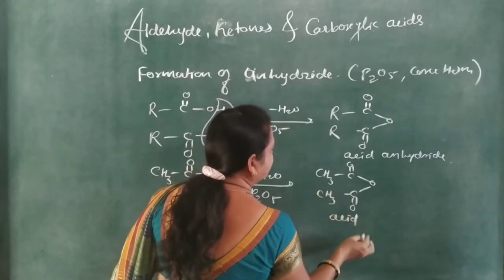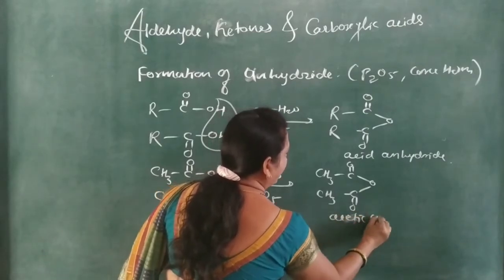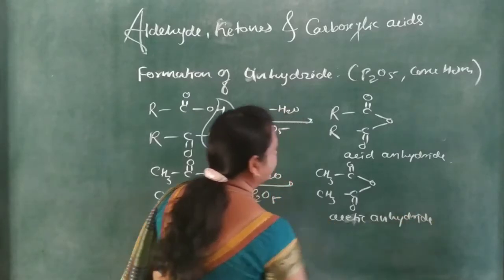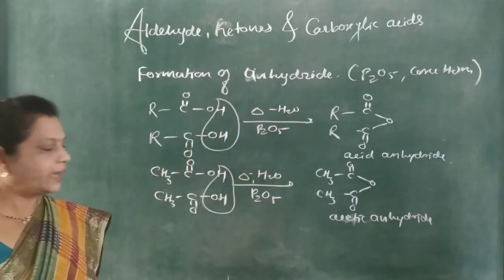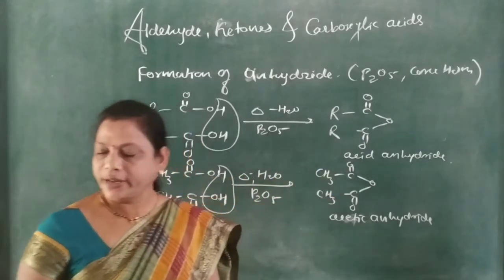This is acetic anhydride. Then benzoic acid reacts with P2O5 to form benzoic anhydride.